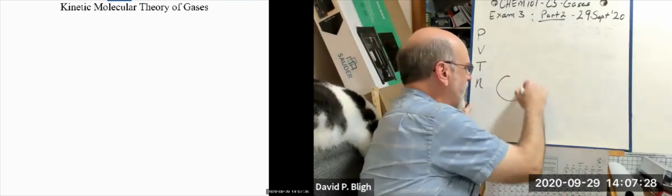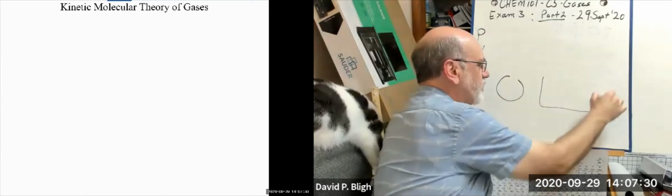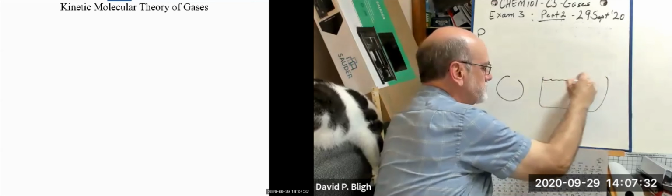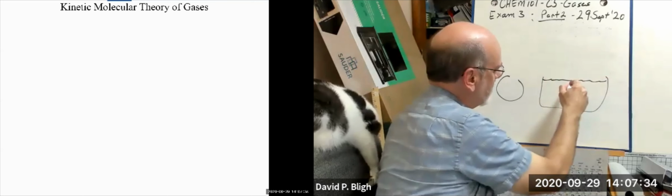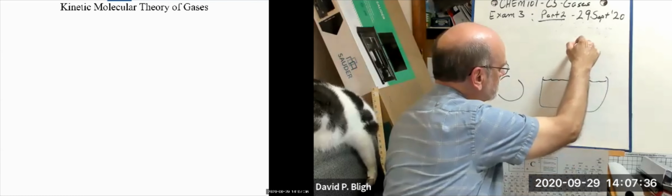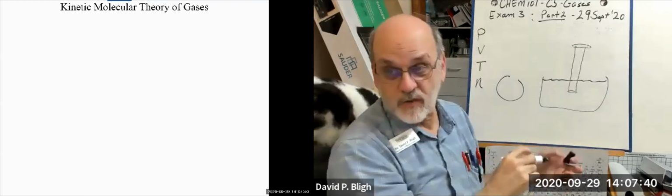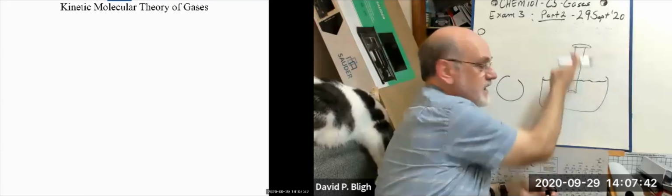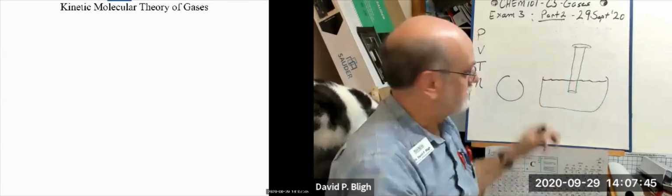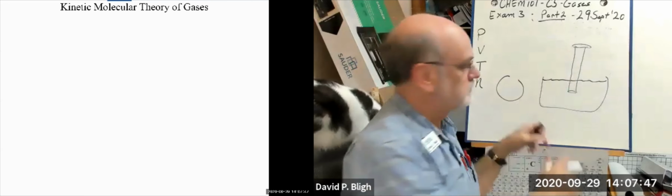So if you have your reaction here, and you have a vat of water, and you have a container, say an inverted graduated cylinder, how about that? Which has been filled with water, right? So there's no gas in here now.